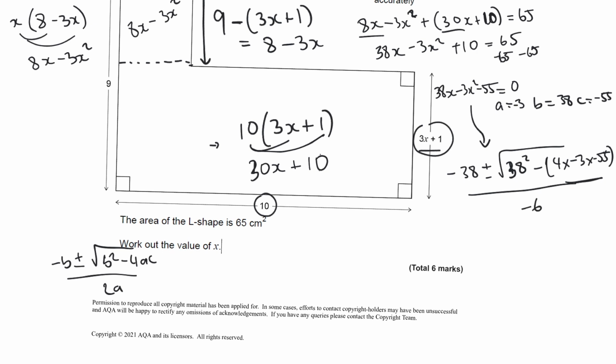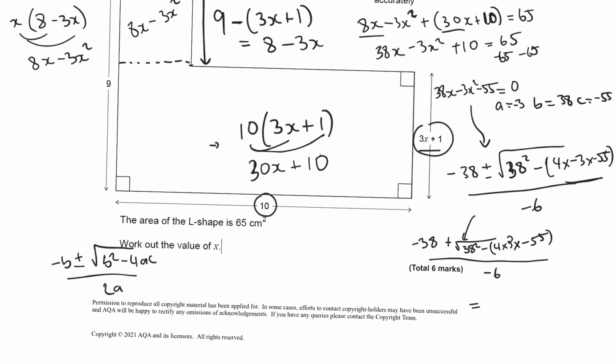Put that into my calculator. So if I work out the plus first, for minus 38 plus all of that, the reason why I'm working out the plus is because with the quadratic formula, you always get a positive answer and a negative answer.